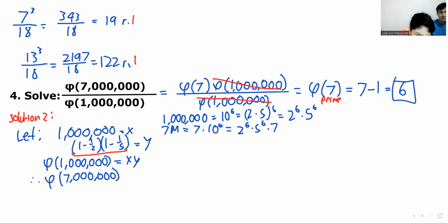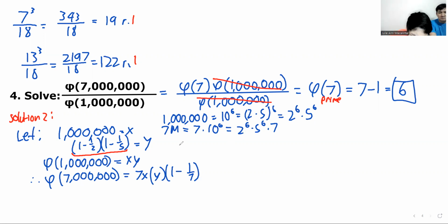That will reflect on the phi function. So that's 7 times 1 million, so that's just 7x, and then this is y, which is this block, and since there's an extra 7 in the prime factorization, I will add 1 minus 1 over 7.